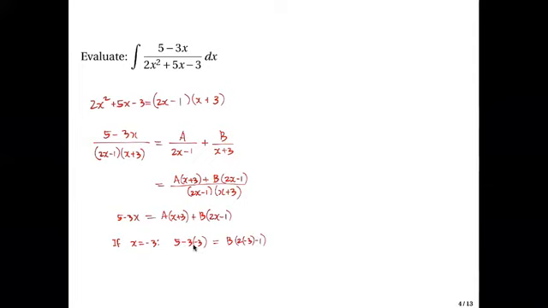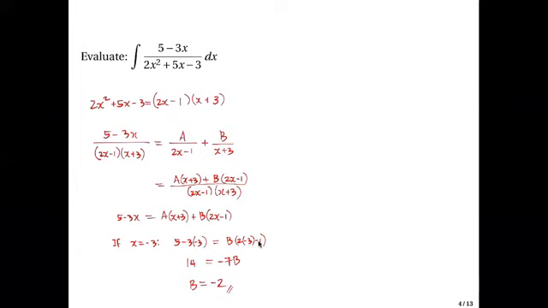Here you have 5 minus 3 times negative 3, so 5 plus 9. So we'll get 14. And then in here you have negative 6 minus 1. That's negative 7. So we have negative 7B, or we have B equals negative 2. Okay?